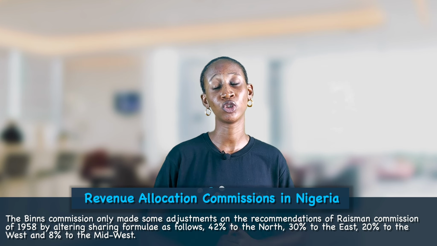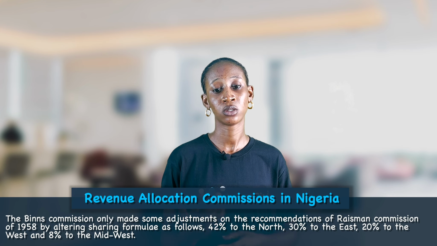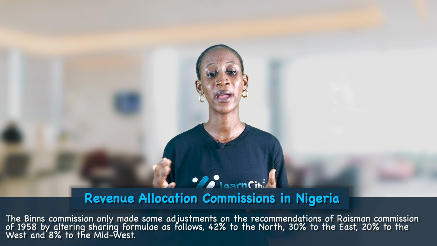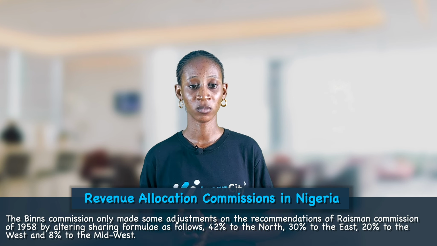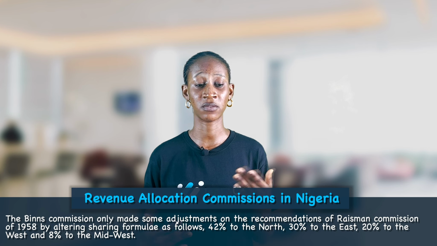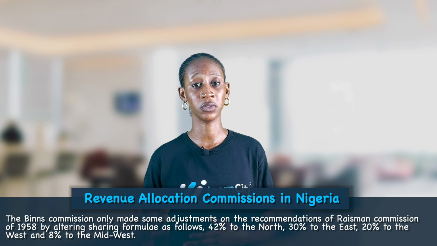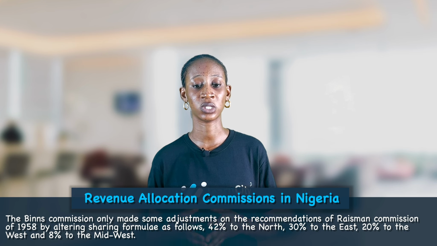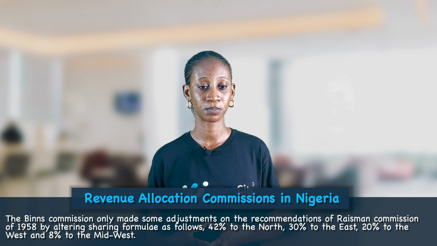The Binns Commission only made some adjustments by altering the sharing formula as follows. 42% was given to the north, 30% to the east, 20% to the west, and 8% to the Midwest.